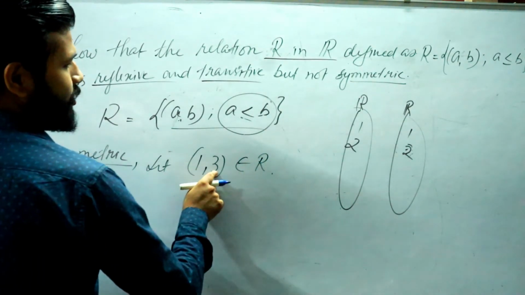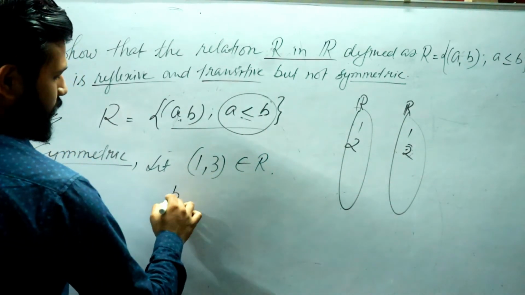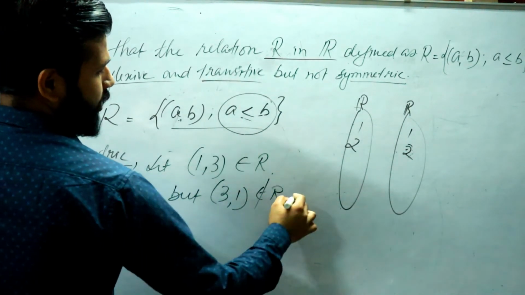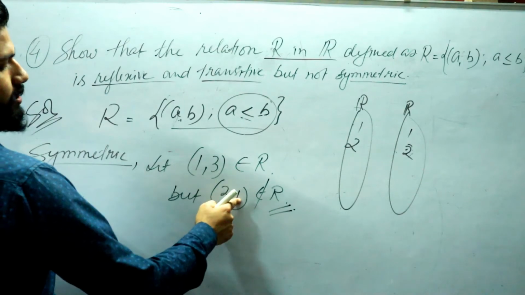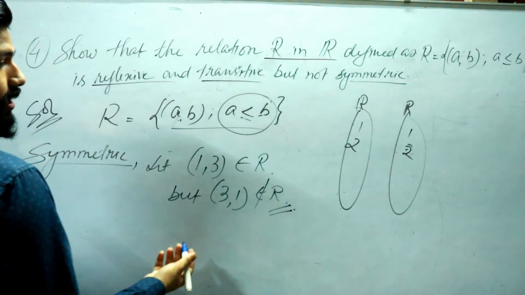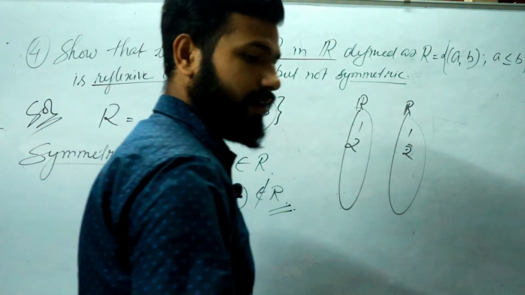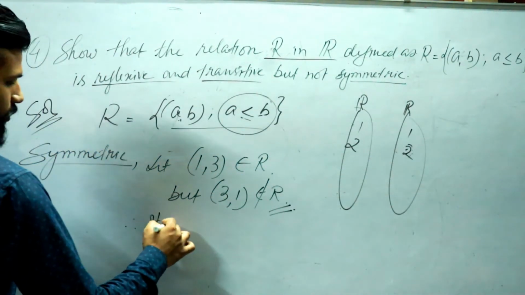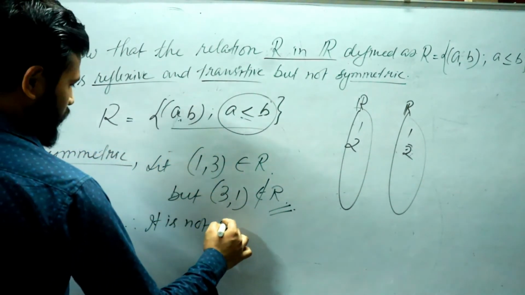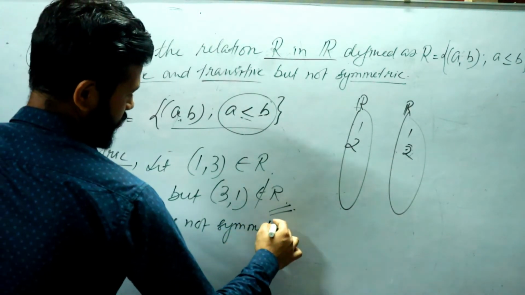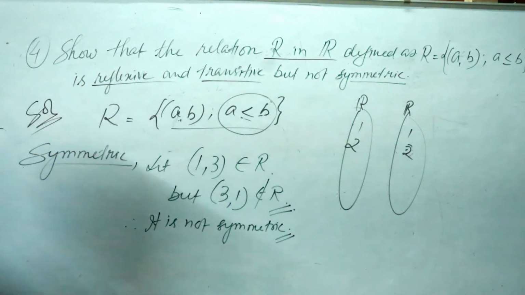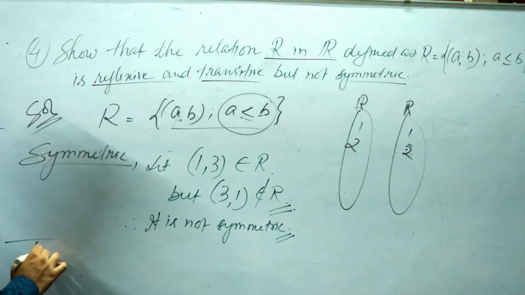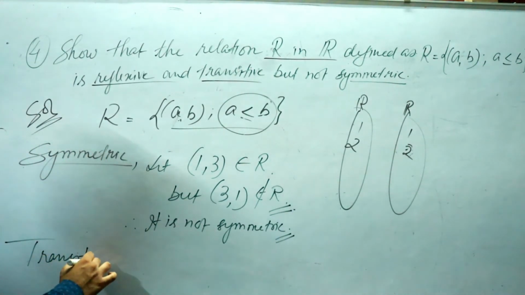Obviously 1 is less than 3. But (3, 1) does not belong to the relation. Obviously 3 cannot be less than 1, or equal to 1, right? So we can say clearly that this relation is not symmetric. Clear? Very nice.